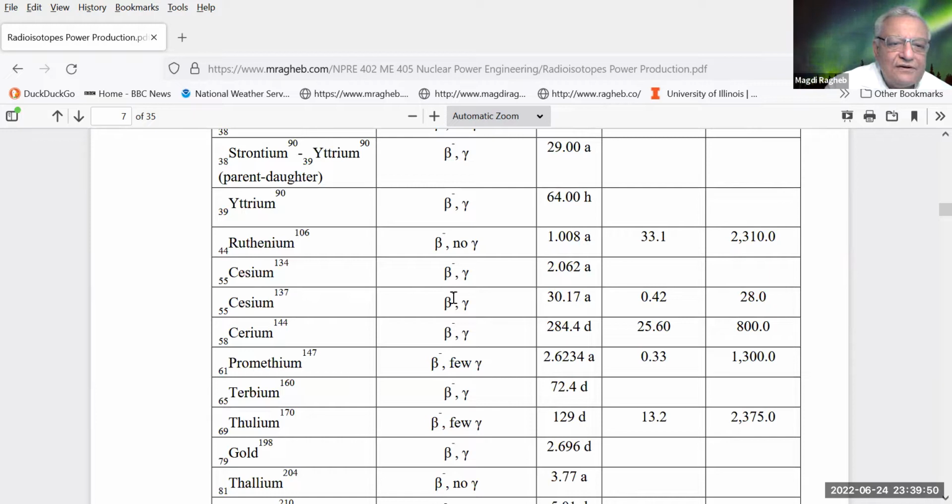Cesium-137 emits beta particles as well as gamma particles like the Cobalt-60. So this is a fission product, and you'll see in the next chapter that it is a good candidate for using gamma radiation, both for medical applications as well as for the food preservation process.